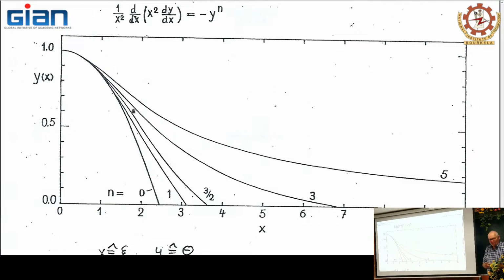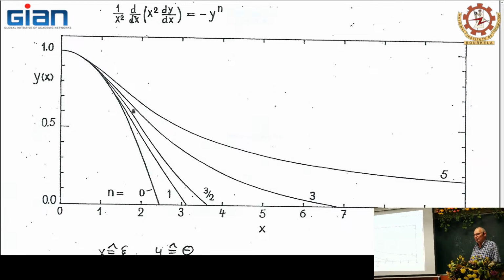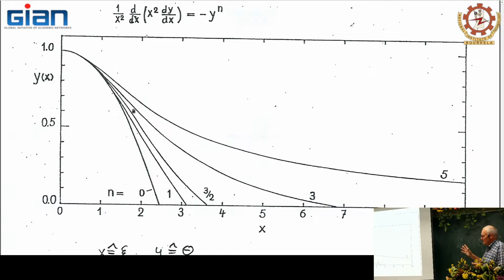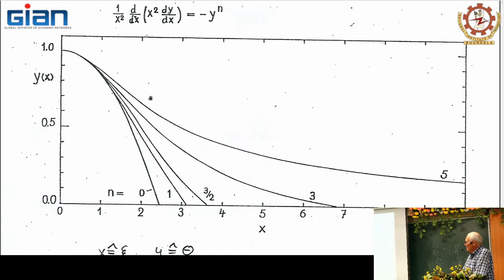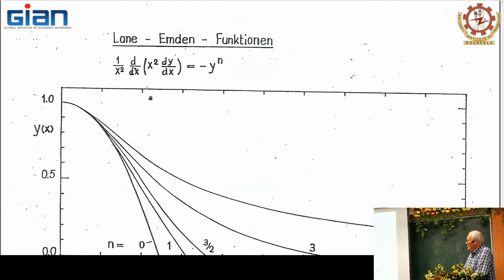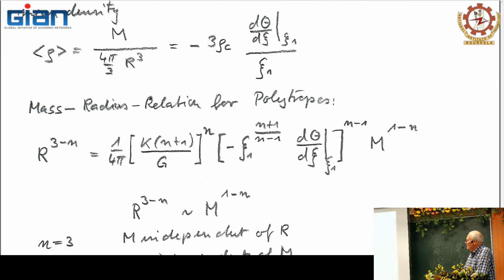Okay, once the polytropic index is bigger or equal to 5, then the stellar model will extend to infinity. So these are the simplest stellar models we can think of, obtained simply by the polytropic connection between pressure and density.